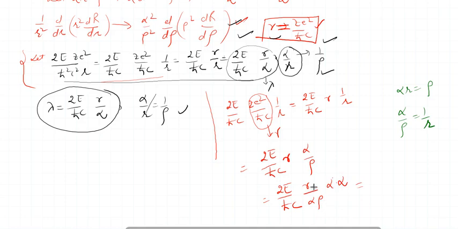So that means I can write 2e over h cross c, it is gamma, and lambda is basically this one.